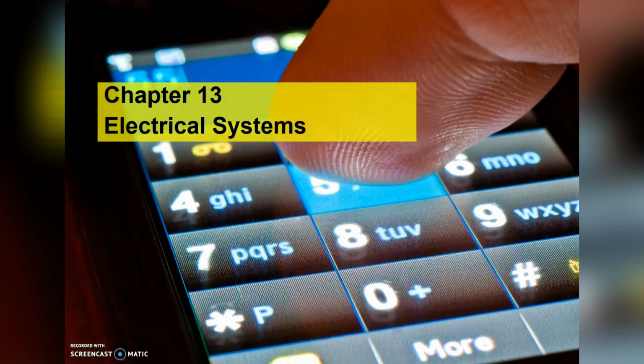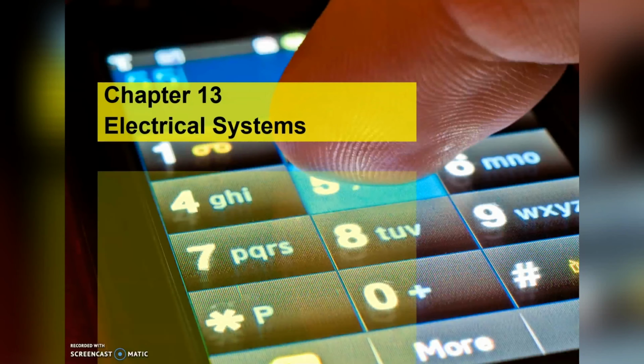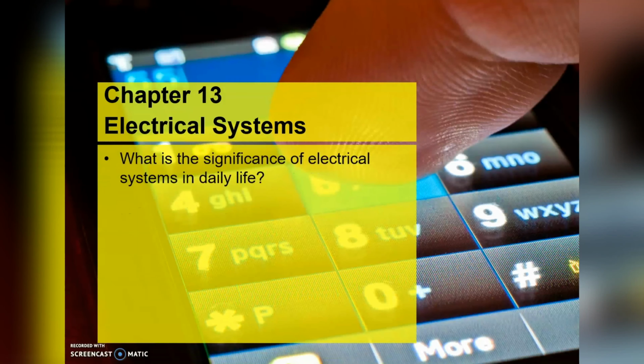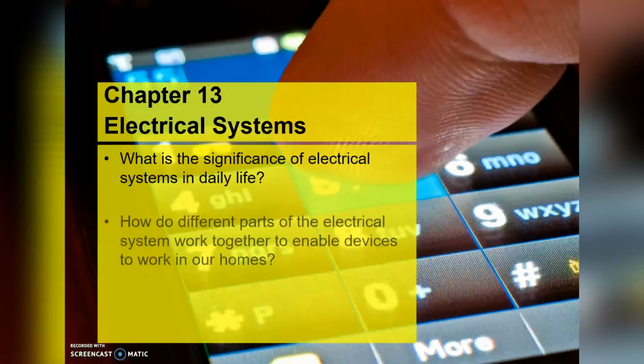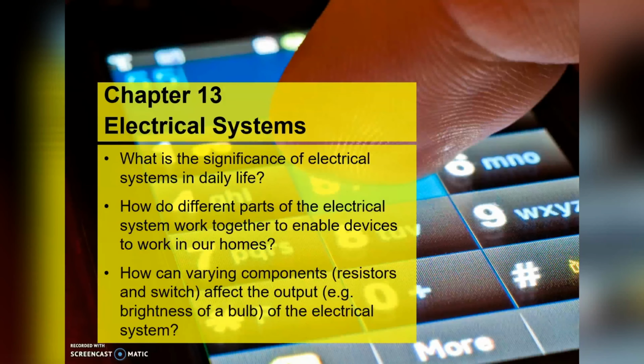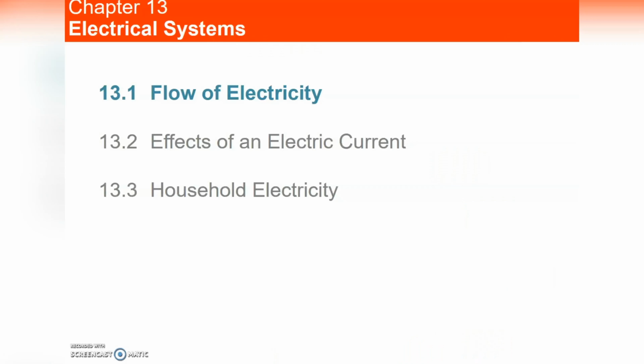Right, let's look at chapter 13, electrical systems. In this big chapter, we're going to look at the significance of electrical systems in daily life, how the different parts of the electrical system work together to enable devices to work in our homes, as well as how varying components like the resistors and switch can affect the output, like the brightness of a bulb in the electrical system.